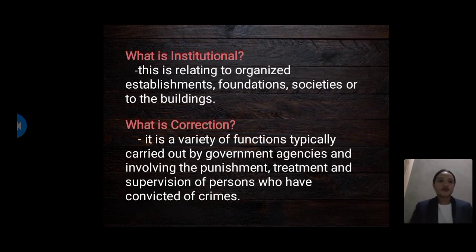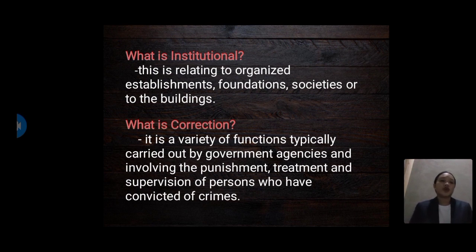So let's first define what is institutional and correction. Institutional relates to organized establishments, foundations, societies, or to the buildings that we occupy, like for example hospitals, universities, banks, or even a church. Those are some examples of institutional.